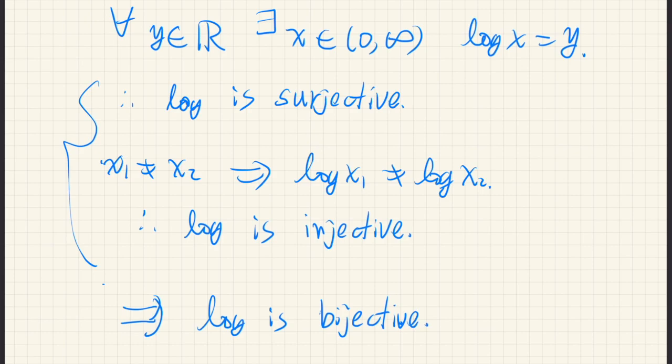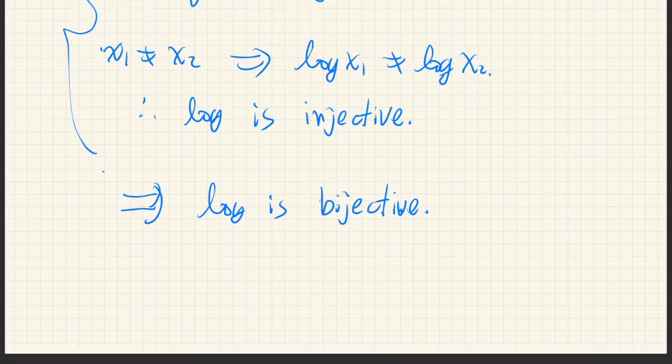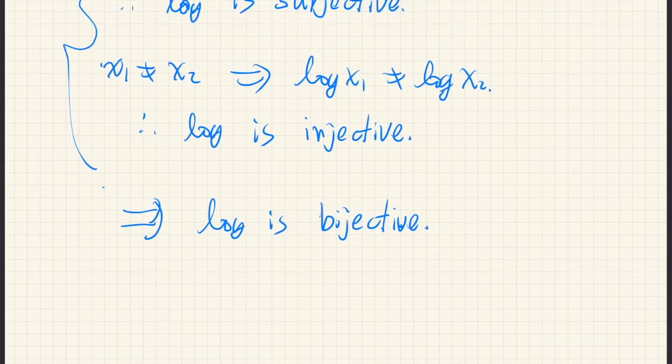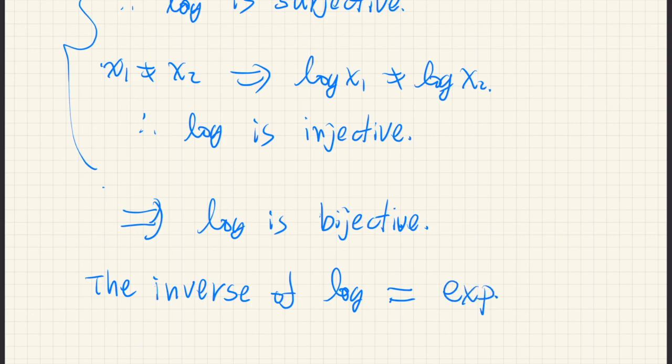It's a bijective function or bijection. As we have seen before, if a function is bijective, then there exists its inverse. So let's call that inverse function of log the exponential function.